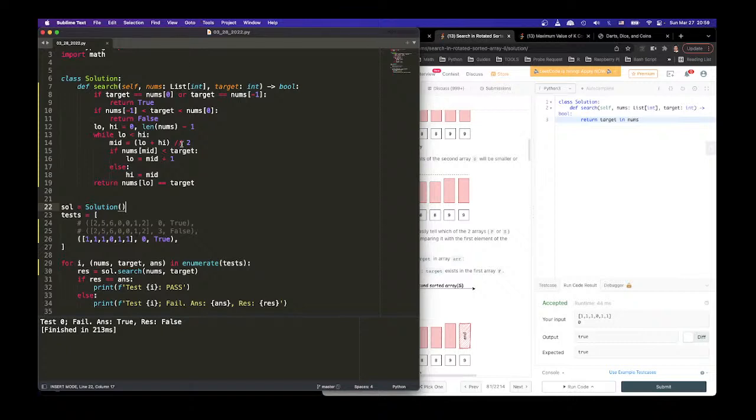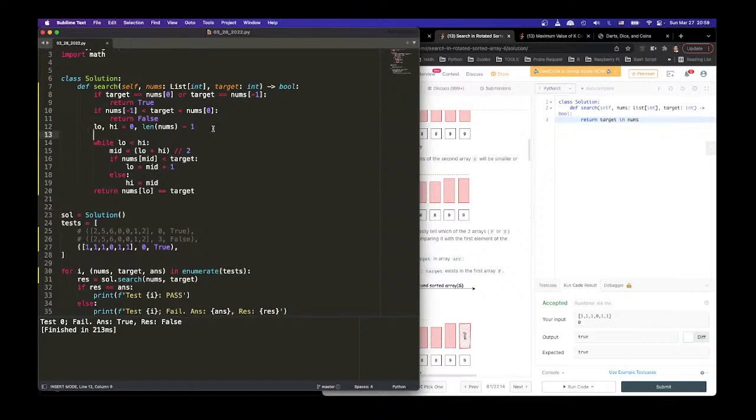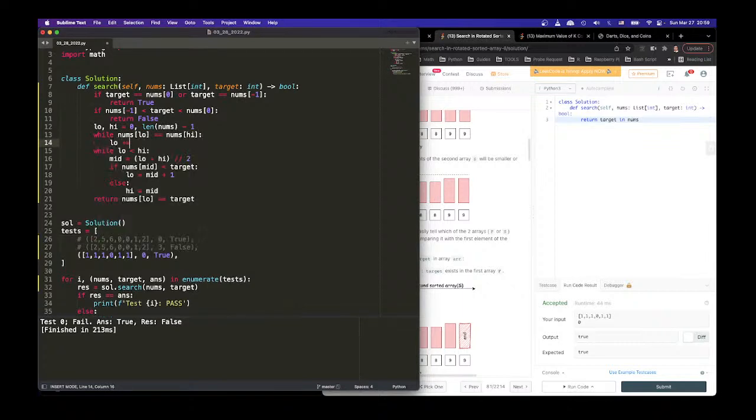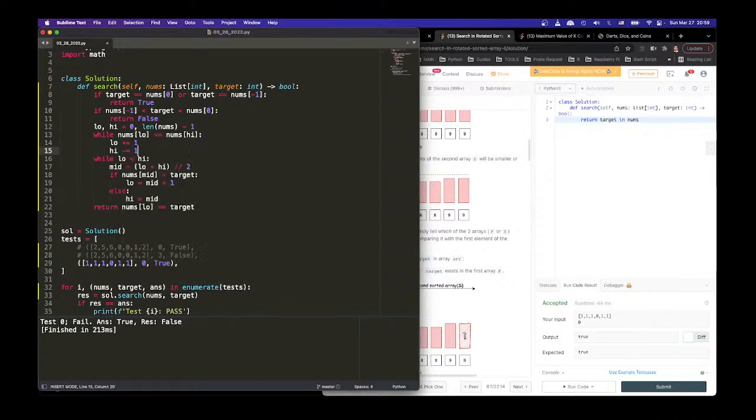Okay, so here's the thing. You can say while nums low is equal to nums high, low plus equal 1, high minus equal 1, until they're not the same. Then we do this. Then we have the mid, right?